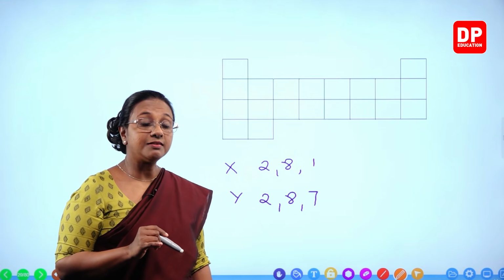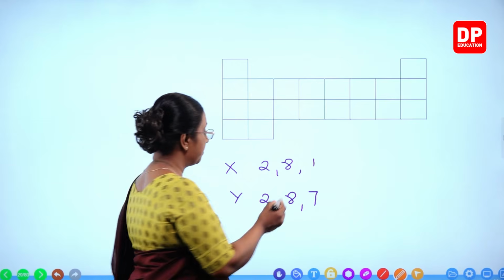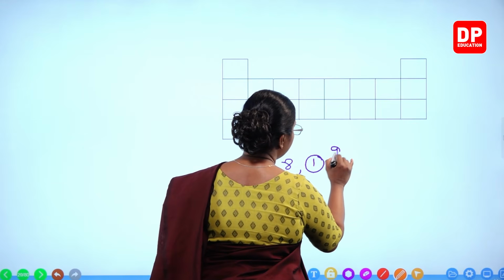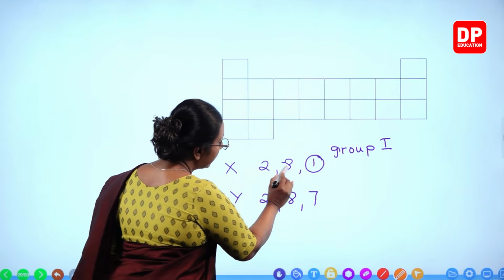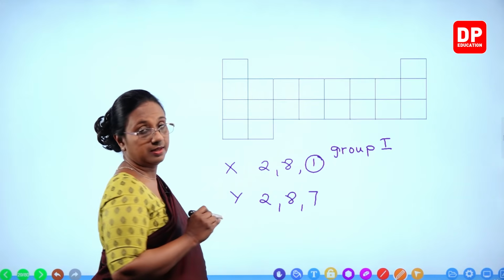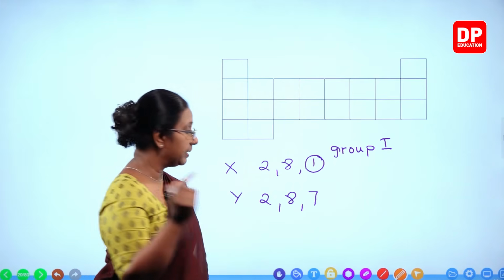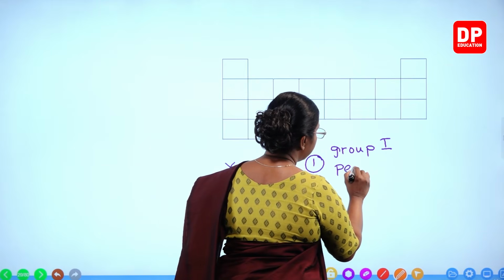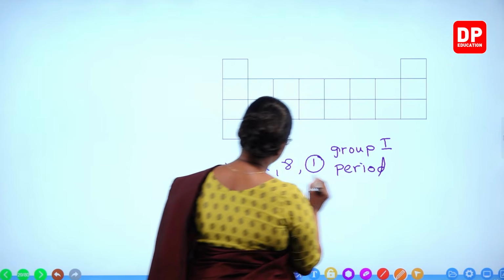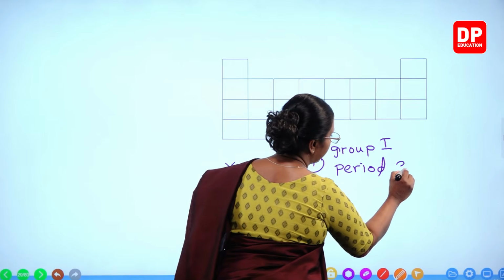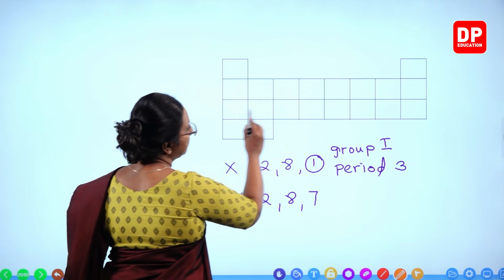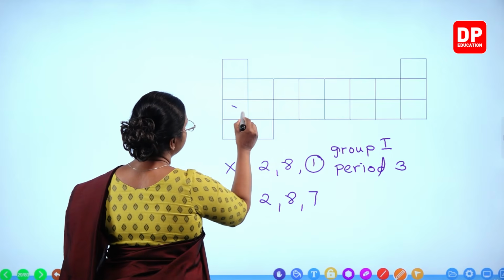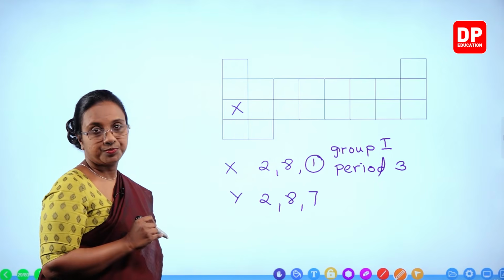The number of electrons equals the group number. So this has to go to group 1. Then the number of shells having electrons is the period. There are 3 shells, so period 3. So here group 1 is the first one, period 3 is this one, so X will go there.